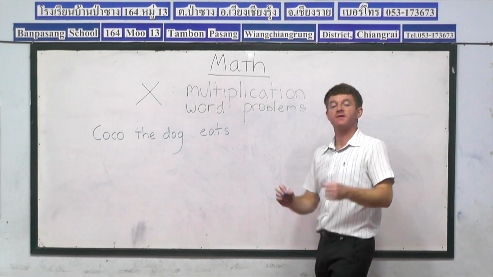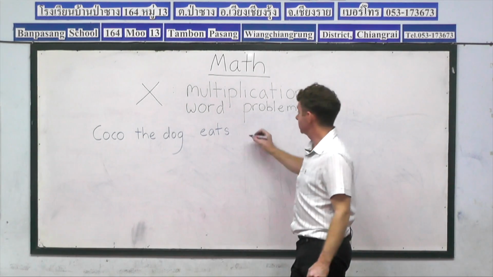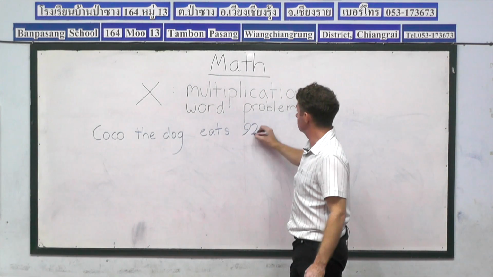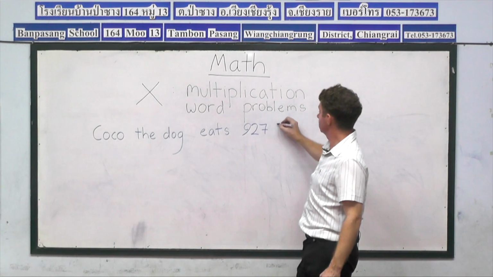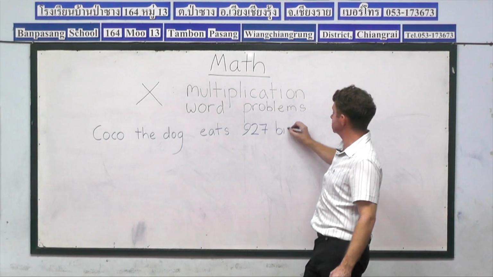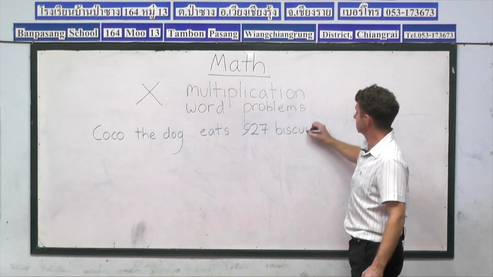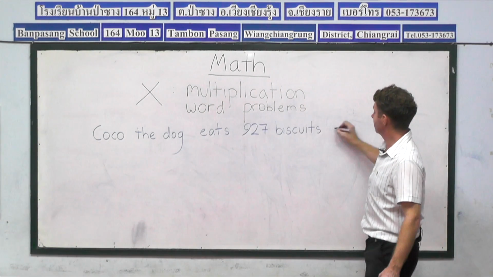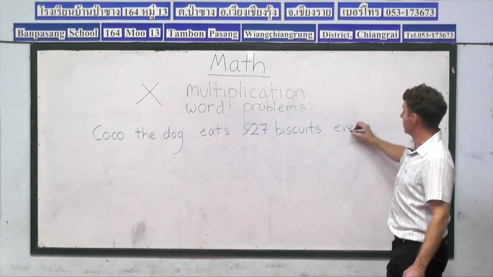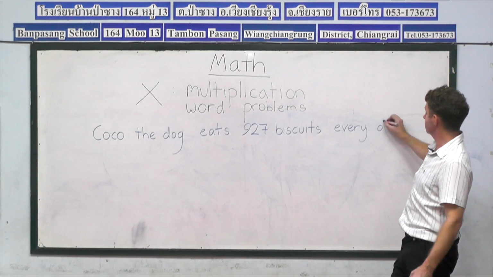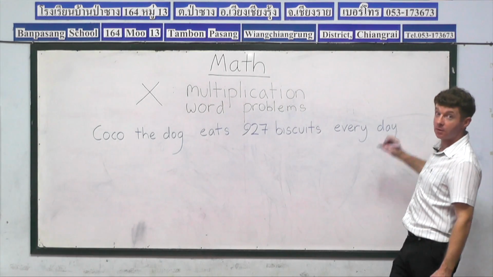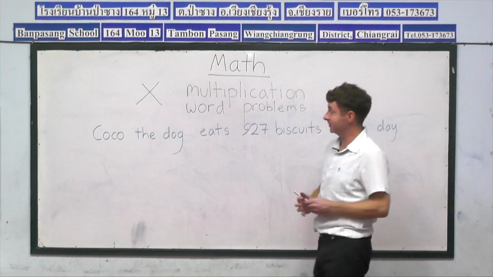Somebody give me 3 digits, please, guys. 9, 2, 7. Biscuits every day. Wow. Coco eats a lot of biscuits.